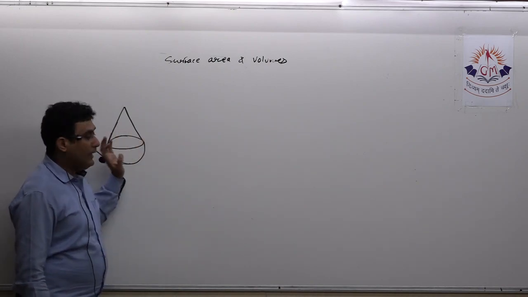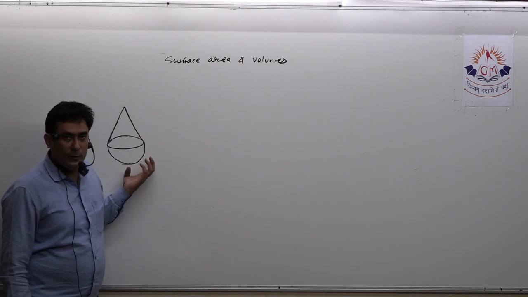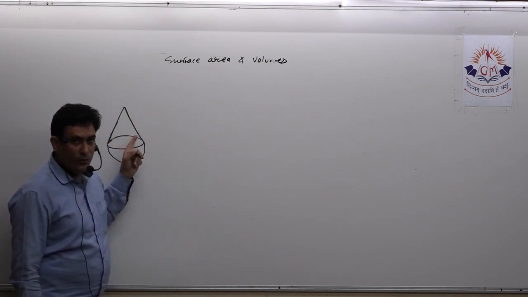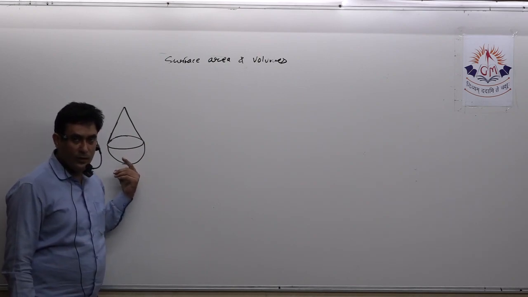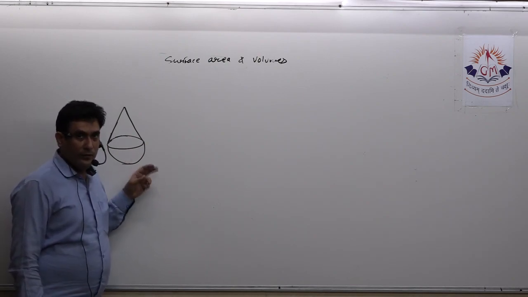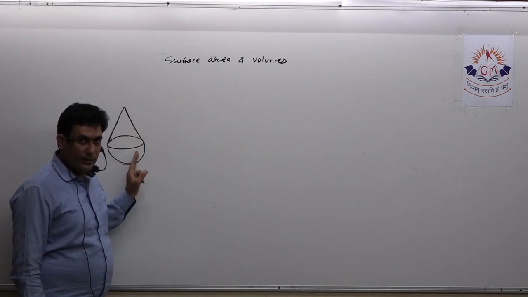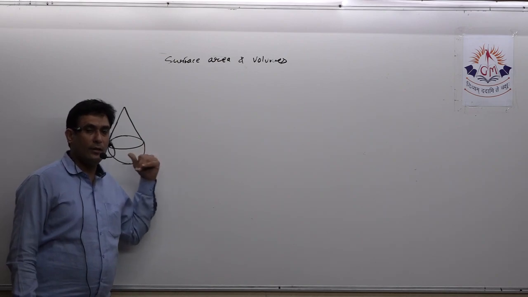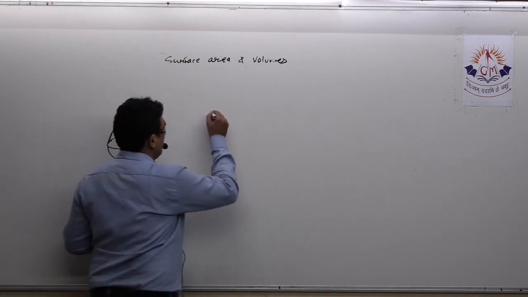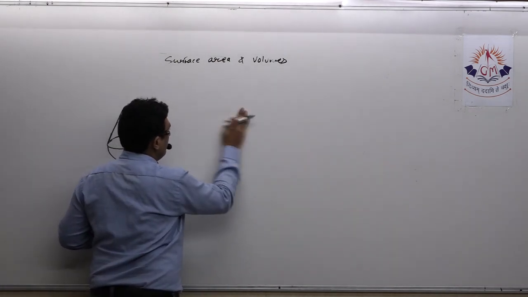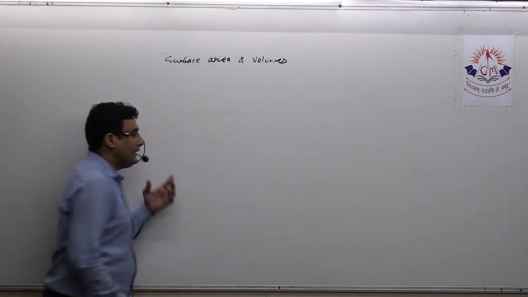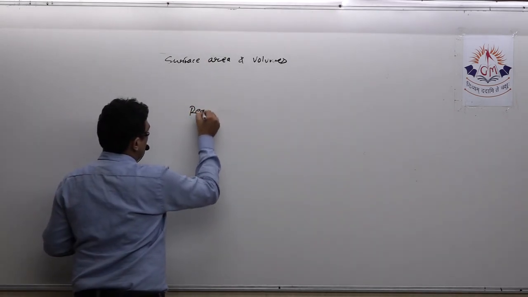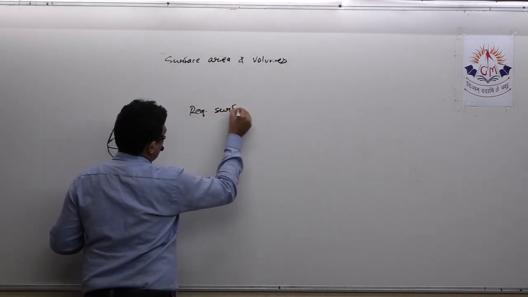So here, to find the total surface area of this type of solid, I can easily see that I can paint on the curved surface area of the cone as well as the curved surface area of the hemisphere. So if I add the CSA of cone and CSA of hemisphere, I'll get the total surface area of the solid. Better to write required surface area.